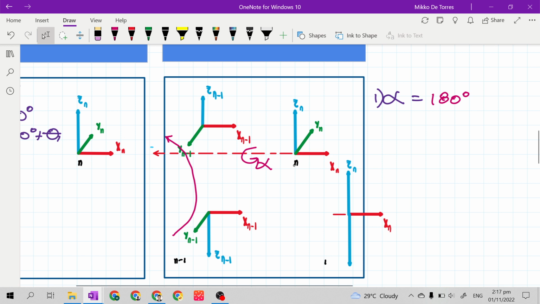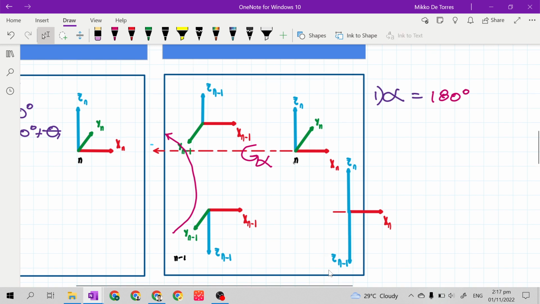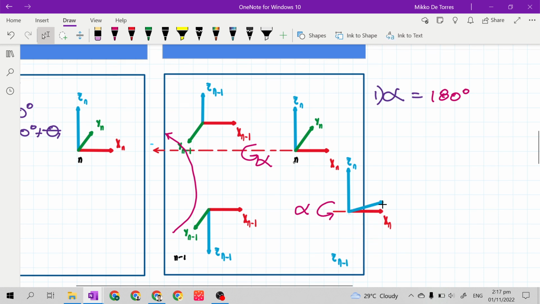It's fine if z sub n minus 1 and z sub n are in the opposite direction. So imagine that they are on the same origin, then perform the rotation alpha, counterclockwise. Then imagine z sub n minus 1 rotating counterclockwise up to the direction of z sub n.